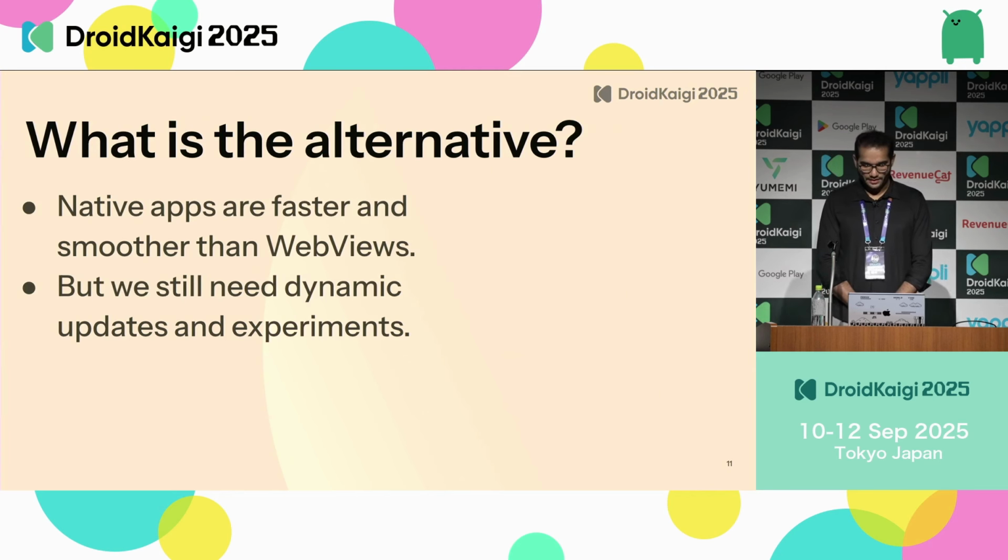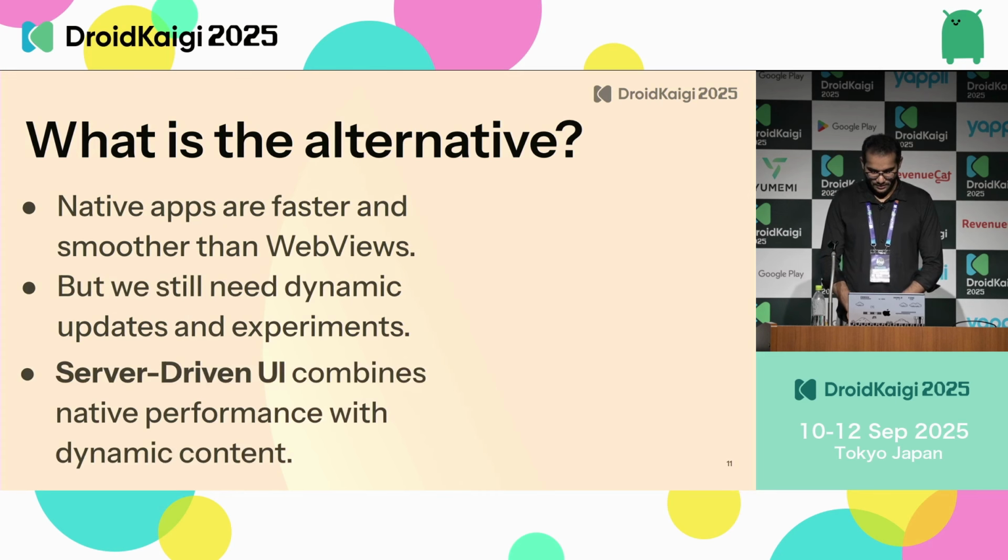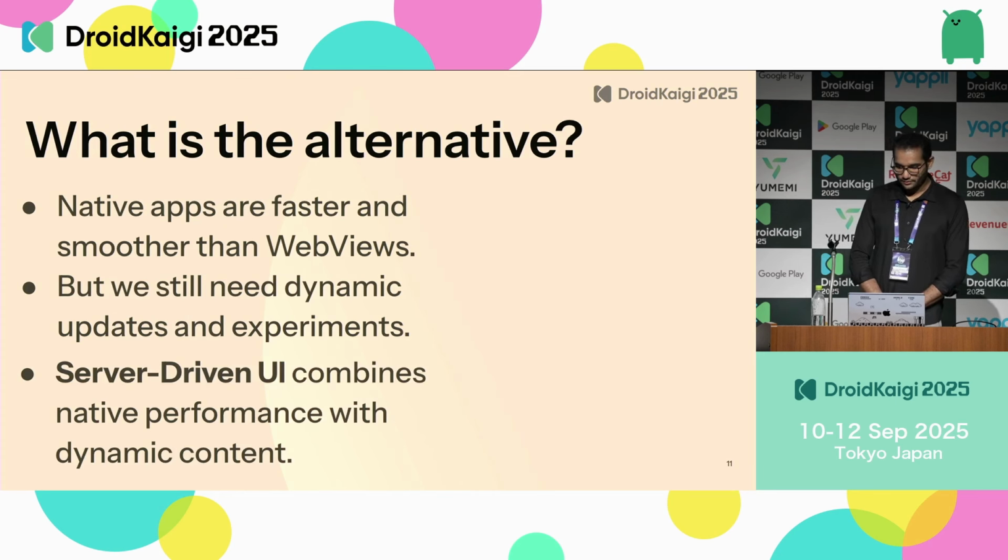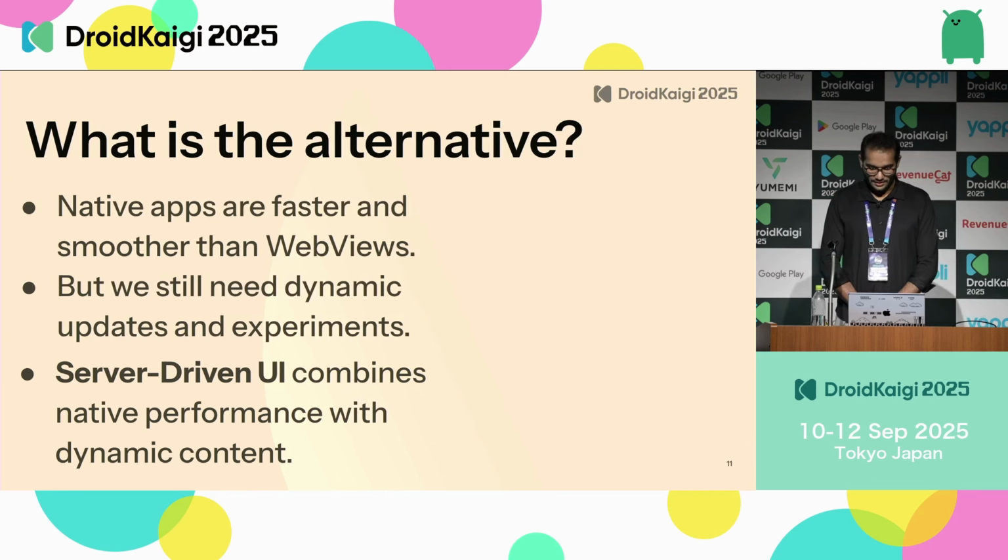But the major advantage of WebView was to deliver dynamic content without redeploying the app to production and of course the App Store reviews as well. So if we want fast changes to the native UI as well, server-driven UI is the best option I can think of.